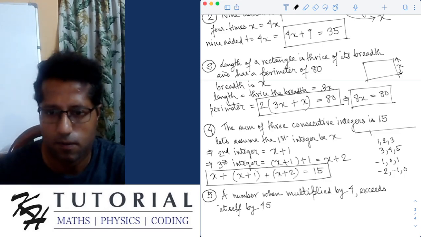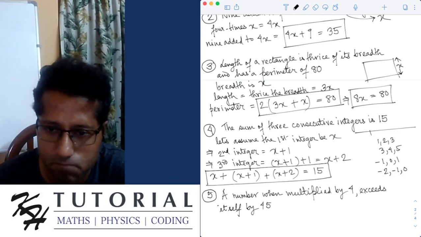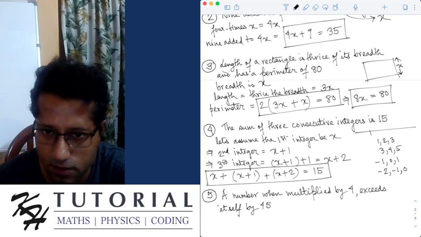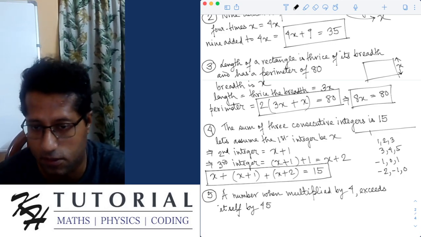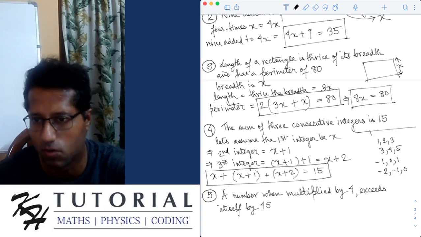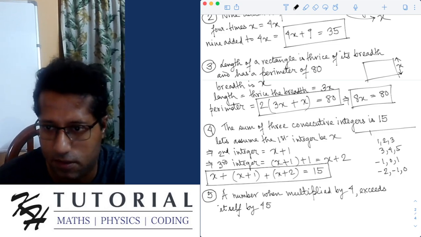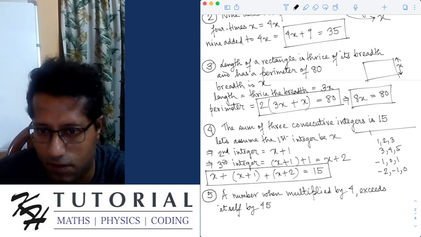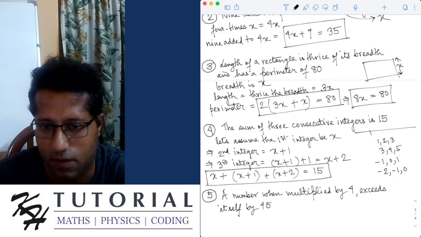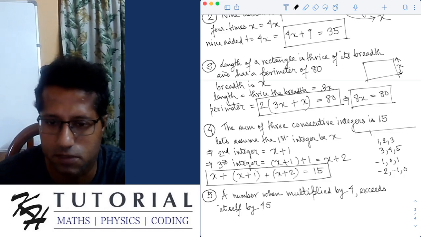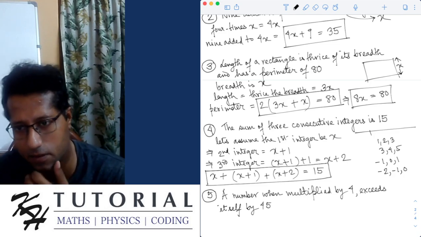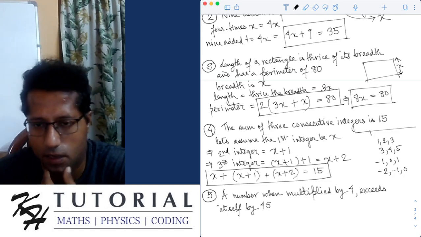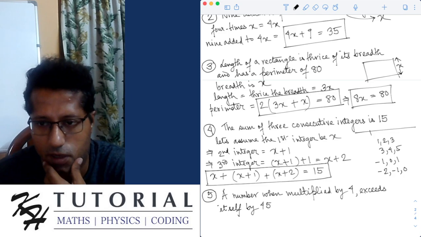Now you could also have considered the second integer, the middle integer, to be the unknown. If you consider that x, then the first one will be x minus 1 and the third integer will be x plus 1. So in that case, x minus 1 plus x plus x plus 1 will be 15. It doesn't matter. You can consider any of the three consecutive integers to be the unknown.